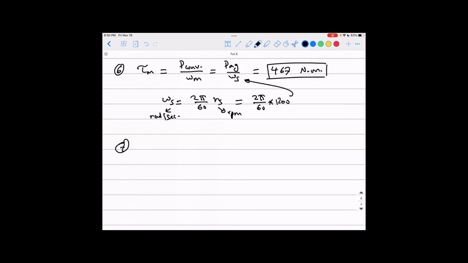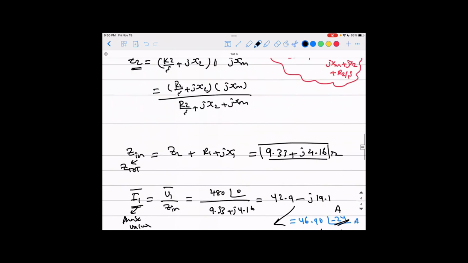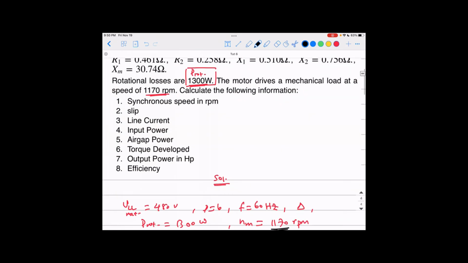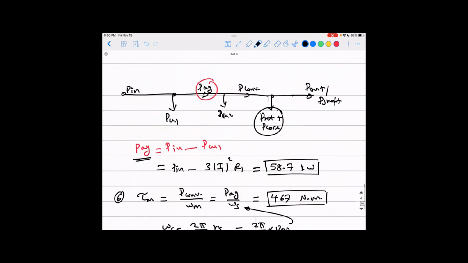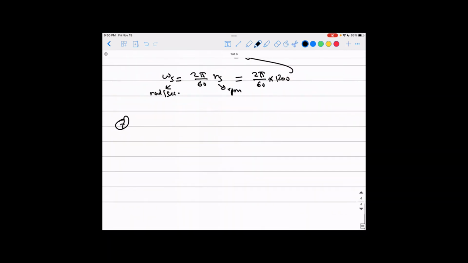Number 7, he wants you to find the shaft power here. The output power or the shaft power, the same thing, but in horsepower. So he wants you to find P output in horsepower. P output is just your P converted minus P rotational.